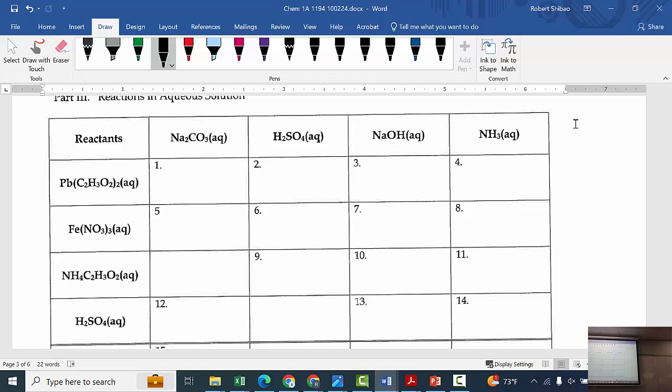Do you think it's strong enough? Let's try it here. Yeah, it's strong enough. This is why you add the acid carefully, because it could easily react more violently than you expect.